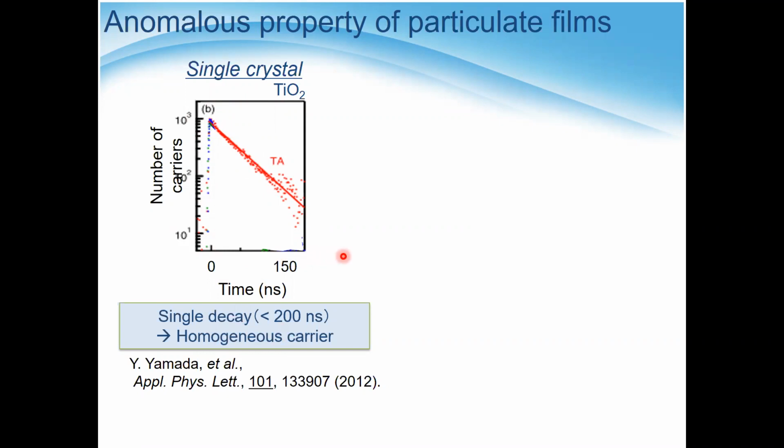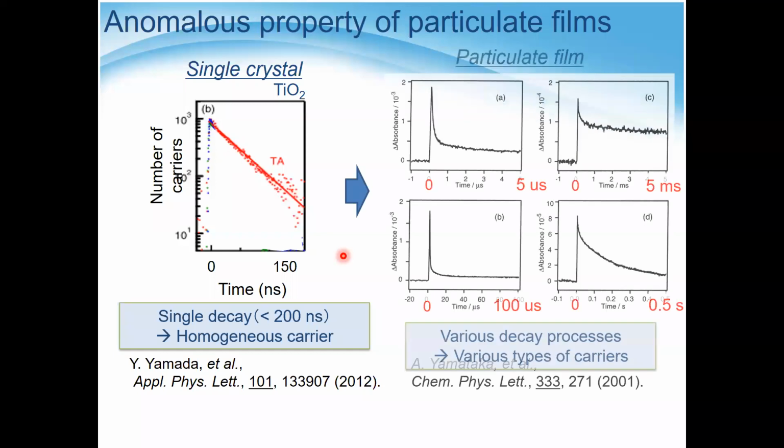However, once it is changed to the particulate film, you can observe that after photoexcitation, charge carrier decayed on the order of nanosecond, microsecond, and 100 microsecond, and millisecond, or even second order. So suddenly, there are many various decay processes, meaning that various types of charge carriers decay inside the film. That's a problem.